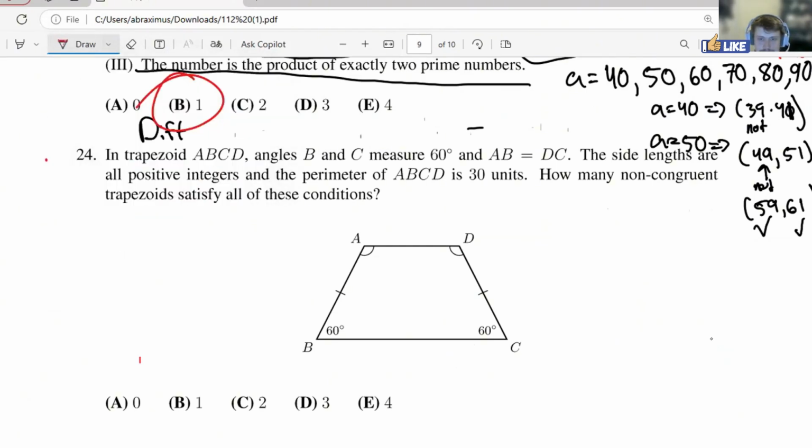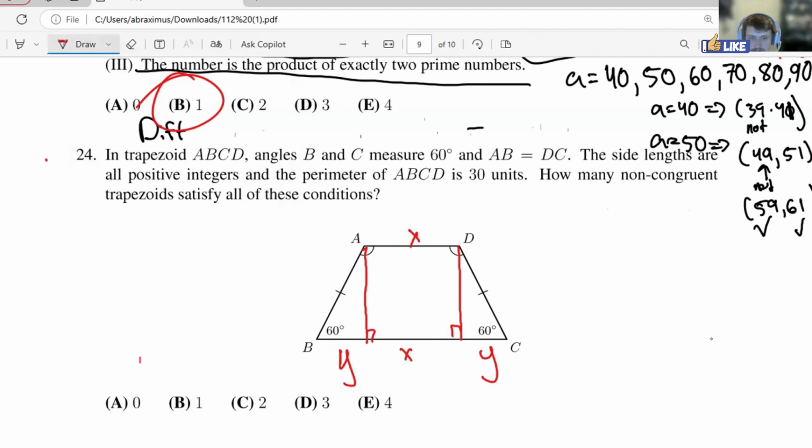All right, so let's call this X. I'm going to drop down these heights. Okay, so this is X, and let's call this Y, and this is Y. What is the method that I use to eliminate the infinite called?